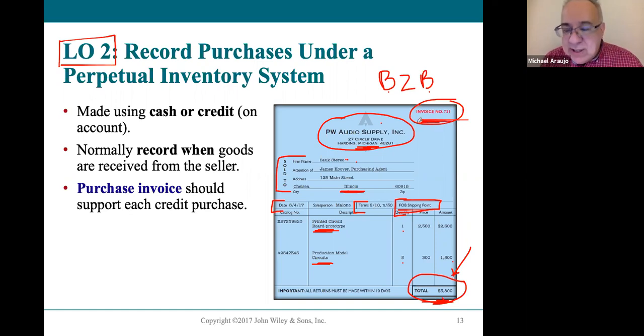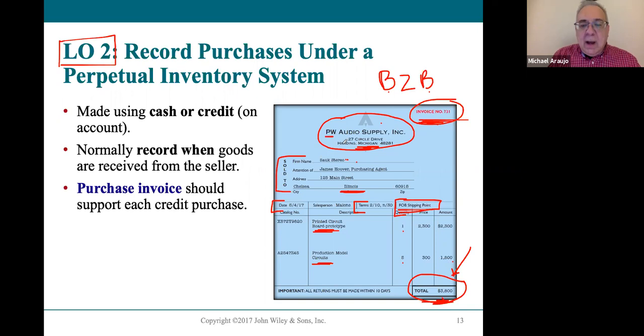An invoice means that for the company, PW Audio, who sold it, this invoice will be shipped with the merchandise, which means that they haven't gotten paid yet. They're waiting to receive payment. So this invoice to PW Audio is an accounts receivable.